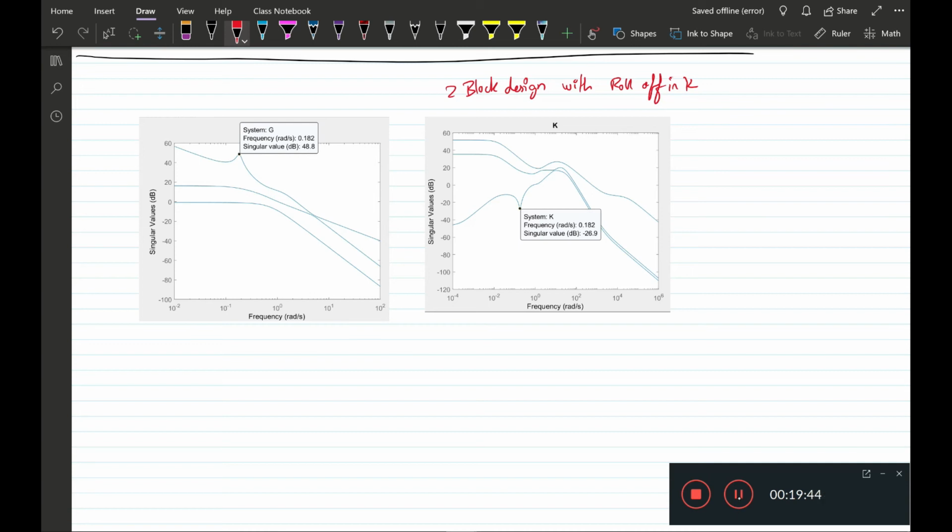What is peculiar is that at a frequency of 0.182 Hz we see a peak in G, and at the same frequency we see a drop or a notch in the controller K. What this indicates is that there is a pole zero cancellation, and the pole being at that frequency.